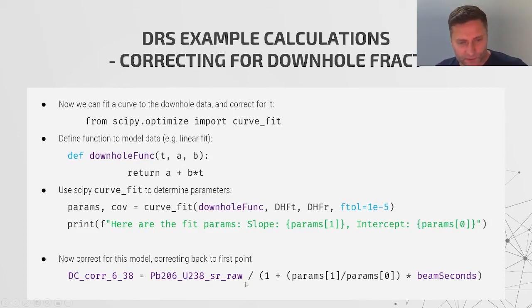So that's basically just a formula that you can plug your different ratios, your raw ratio data and your downhole corrected data into, and you can calculate your parameters for each of your ratios.